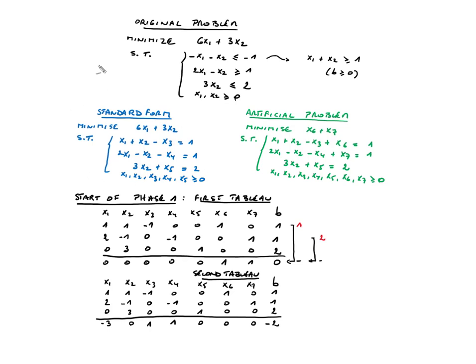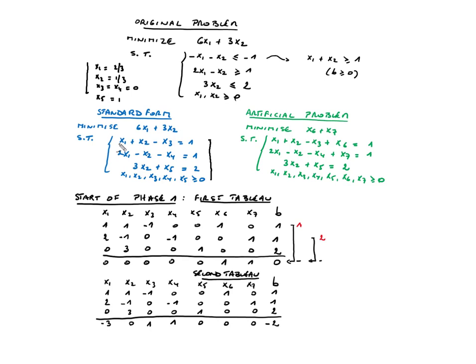We have found as initial basic feasible solution x1 is equal to 2/3, x2 is equal to 1/3, x3 is equal to x4 is equal to 0, and x5 is equal to 1, and we should look if this meets the original constraints.